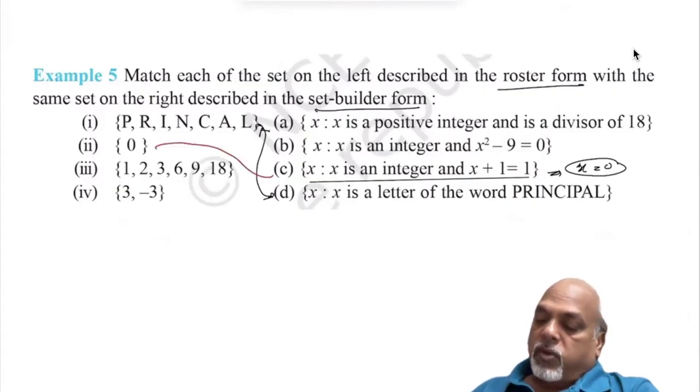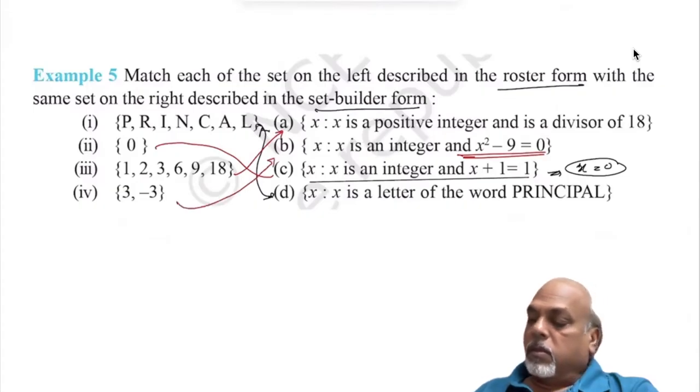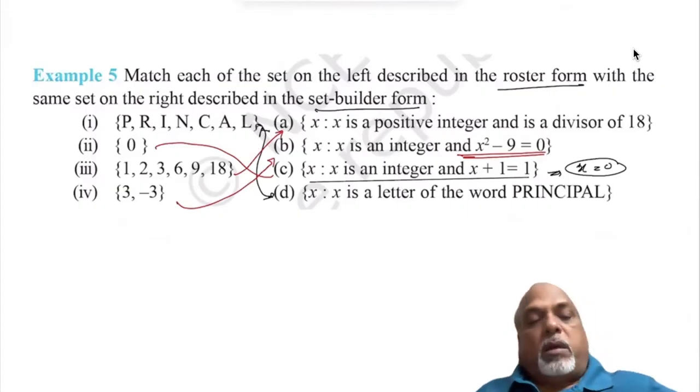Then 1, 2, 3, 6, 9, 18 are basically the divisors, and the solution of this is this set. Correct? So this is how you can solve very easy questions.